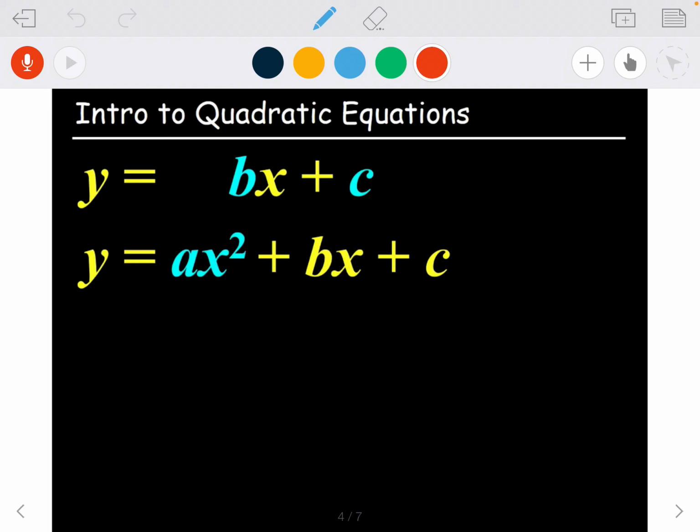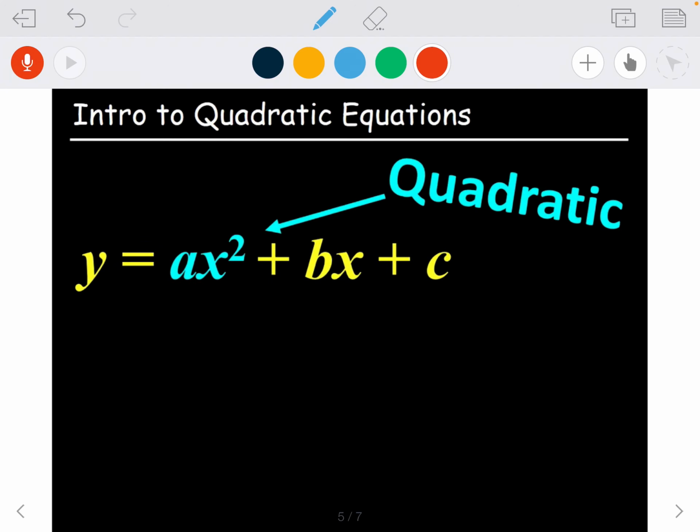We still have the bx and the c, but it's the ax squared that has the most power. Pun intended, because the power is now 2. And what that does is that affects the type of graph that you get and many other things that we're going to study for, of course, a number of weeks. So when we have an exponent of 2, we say that it's quadratic.